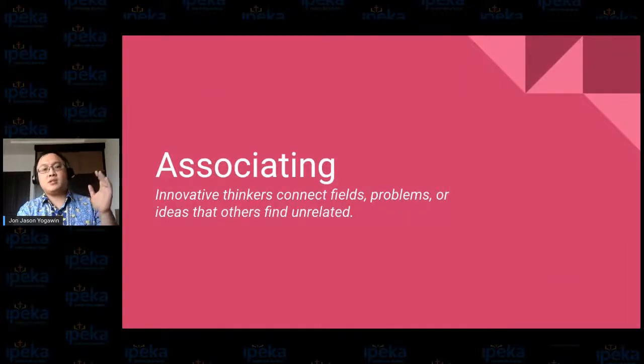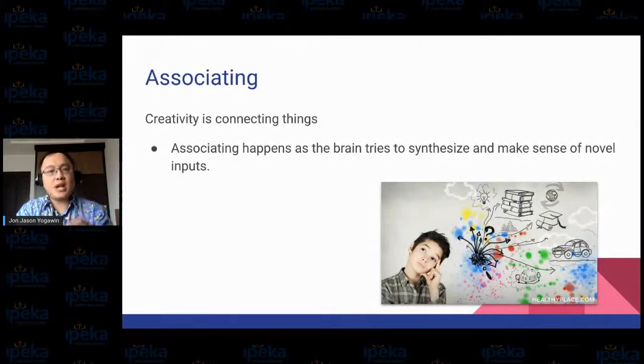So first is to talk about associative thinking. Innovative thinkers connect fields, problems, or ideas that others find unrelated. They don't have any connection. It is our capacity to take in different, seemingly unrelated material and make them into something new or revolutionary. Okay? So associating helps innovators discover new directions by making connections across seemingly unrelated questions, problems, or ideas.